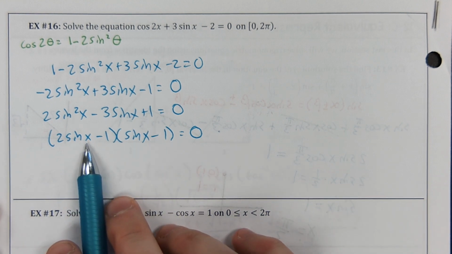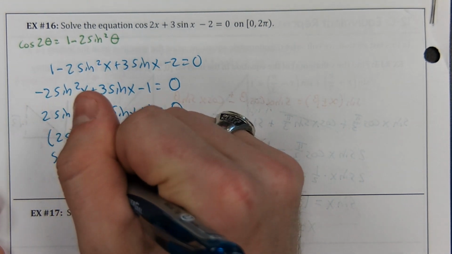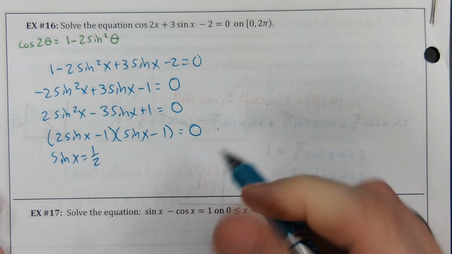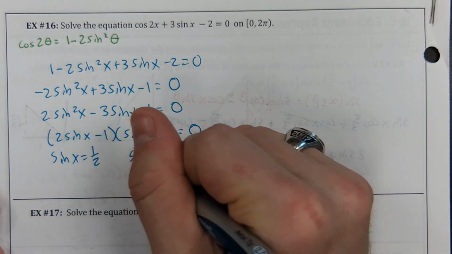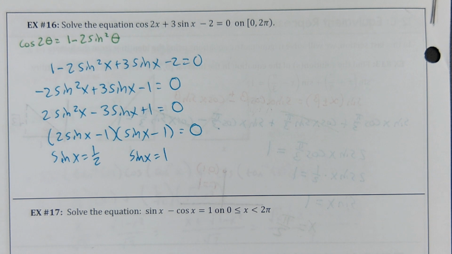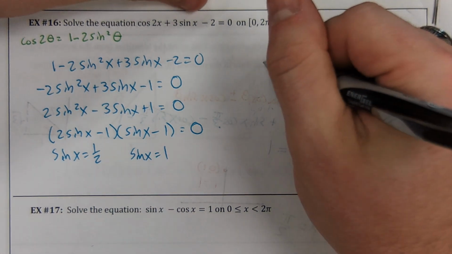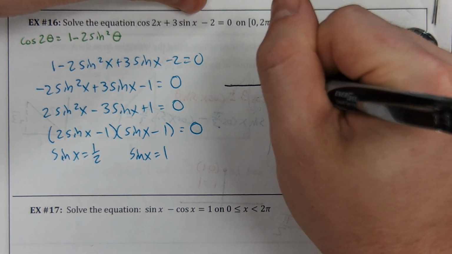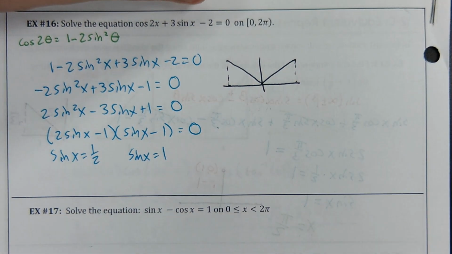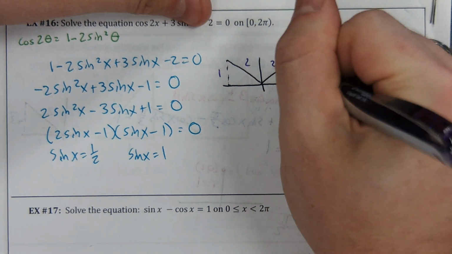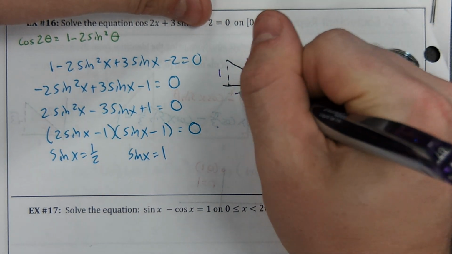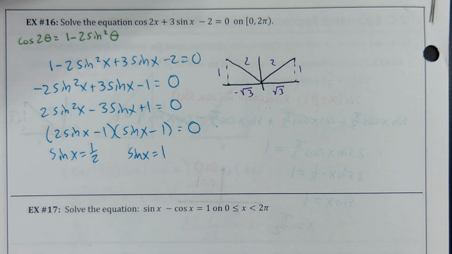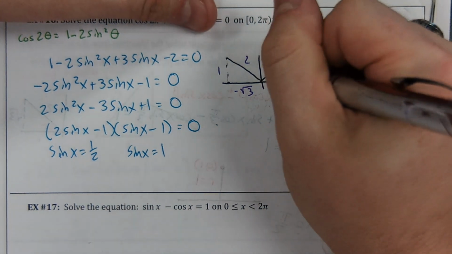This one will happen when sine of x is equal to +1/2. And this one, when sine of x is equal to 1. Sine of x is positive in the first two quadrants because that's where y values are positive. So since they're across from 1s, those must be 30-degree angles.